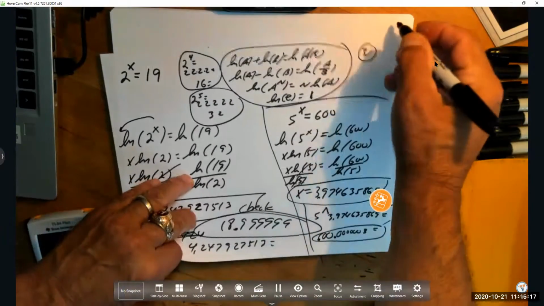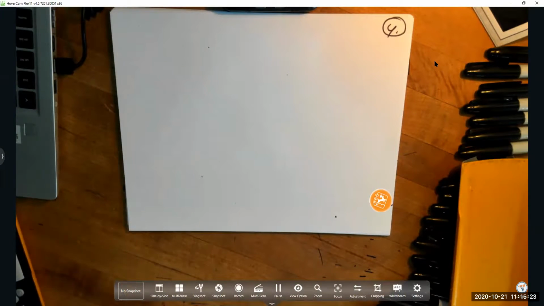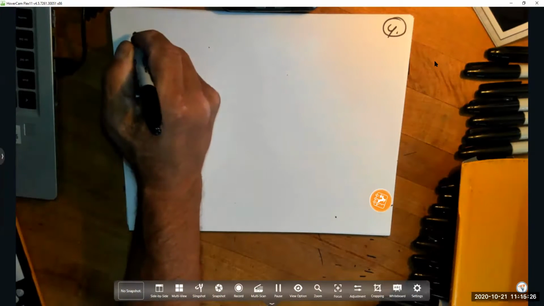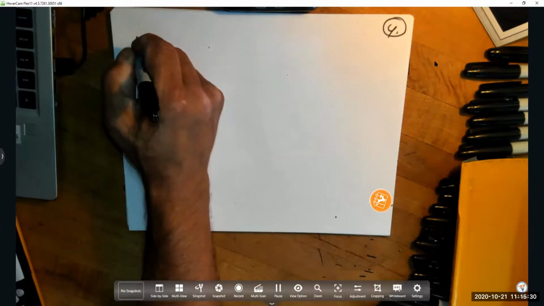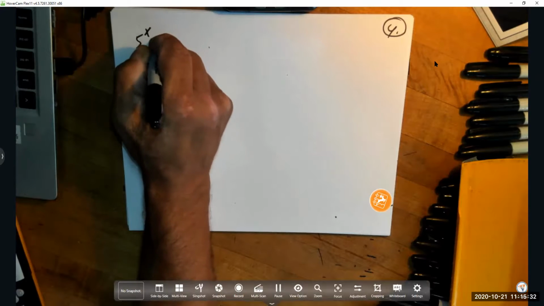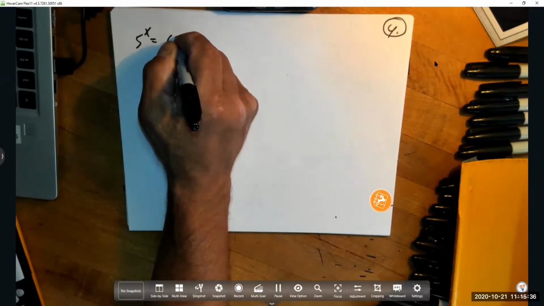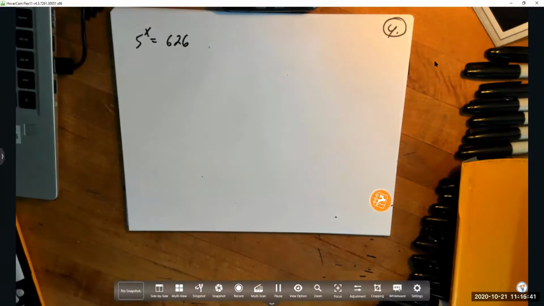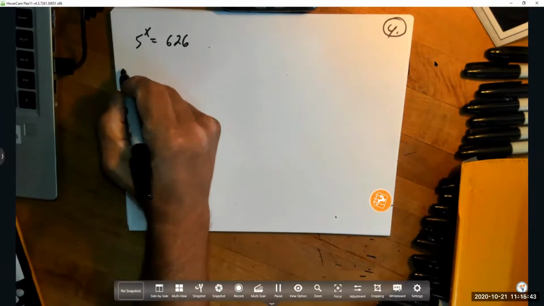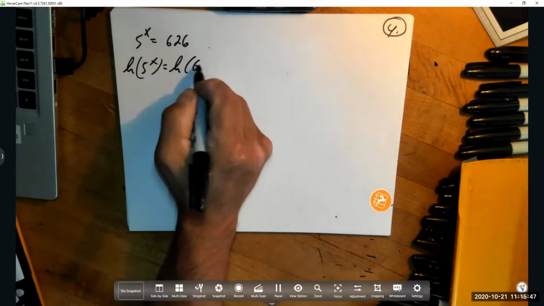Page number 4. Let me do a couple more like this. You'll see in a second. If the numbers are bigger, let's see. How about 5 to the x equals 626. 5 to the x equals 626. Same thing. ln of 5 to the x, ln of 626.